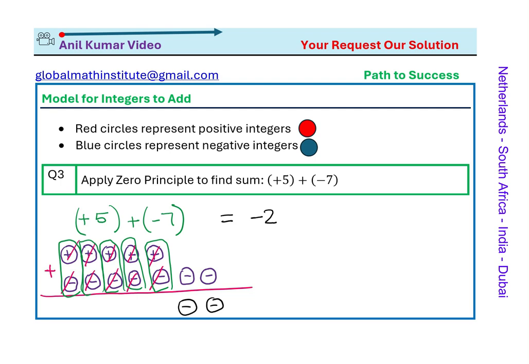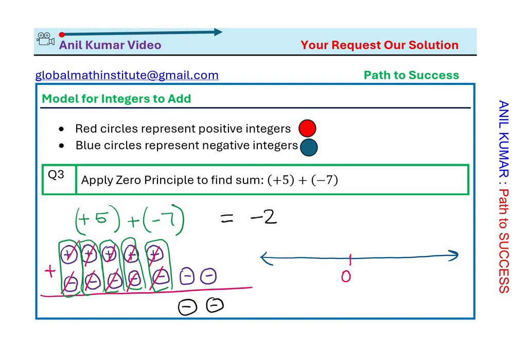Now, we have the same concept on a number line. Let me extend it to explain that also. On a number line, if I have to add minus 7 to plus 5, we'll start with 0. Plus 5 means we'll go from here 5 units in the positive direction. Let's say this is 5 for us.